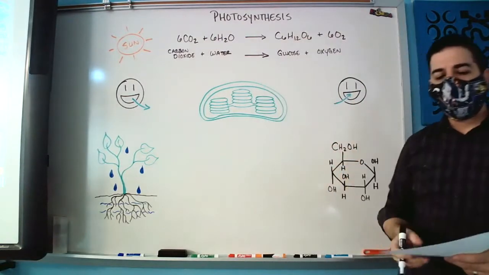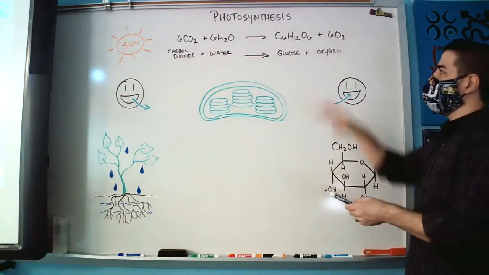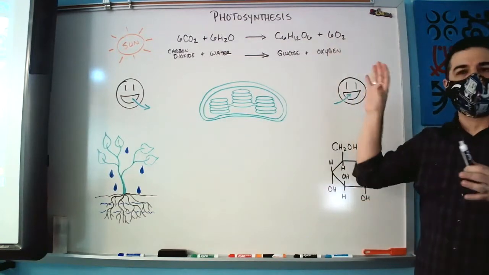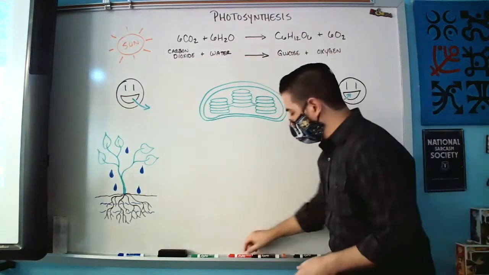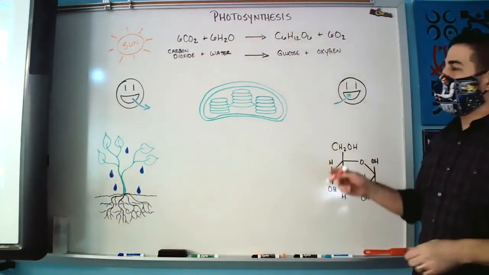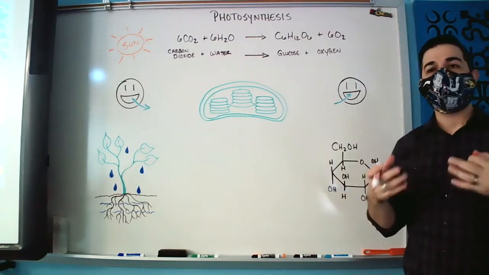Now, one thing that we need to do whenever we're creating an equation for a chemical reaction, so this is supposed to be a model for chemical reactions, okay? Whenever we use a model for chemical reactions, specifically an equation like this, if it requires energy, we have to indicate where the energy is needed.